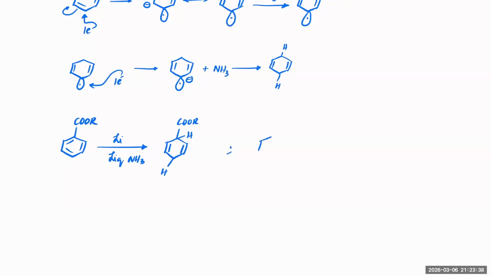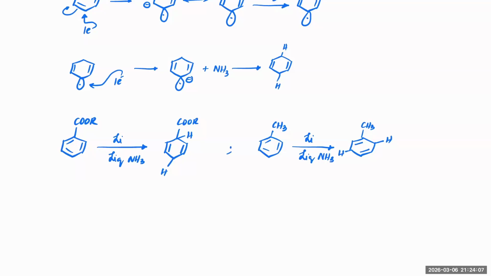While if you have any donating group on it, like CH3, which is a donating group, and we are treating that with lithium and liquid ammonia, then the addition will happen in such a way that the double bonds will be like this, with CH3. So addition happens at these two ends now. This is the way it will happen.